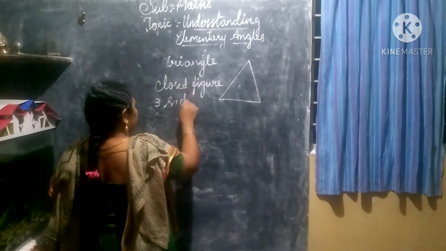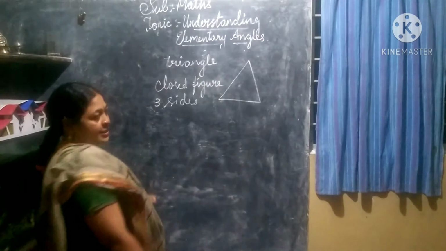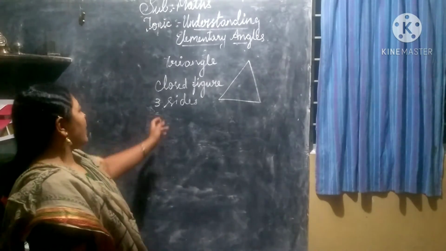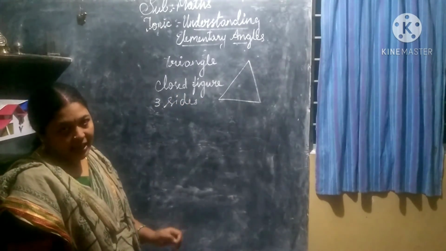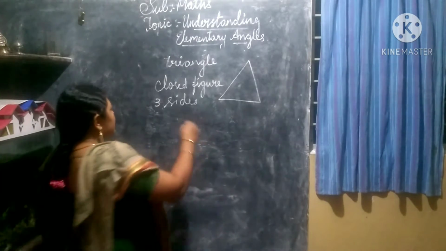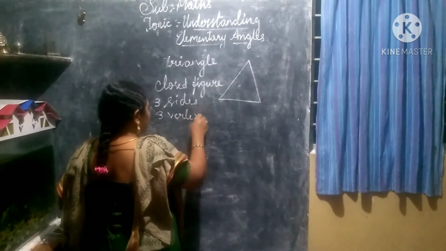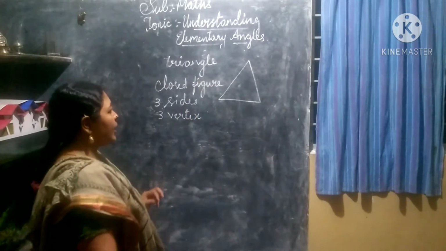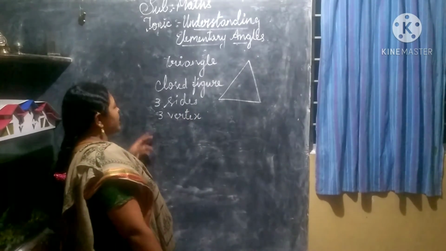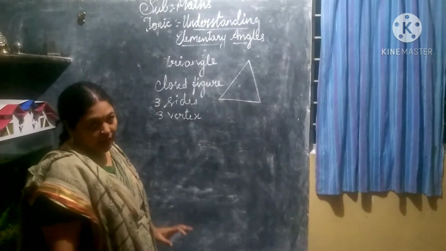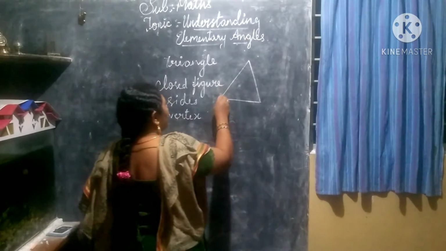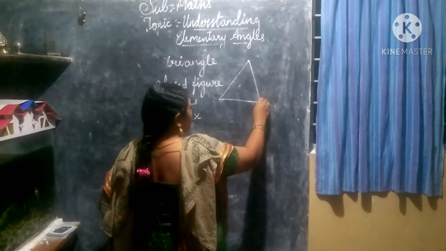Isn't it? This is a triangle. And here, as we know from our second standard, for a triangle there are 3 sides and 3 vertices. So we know what is the vertex here, 1, 2 and 3.